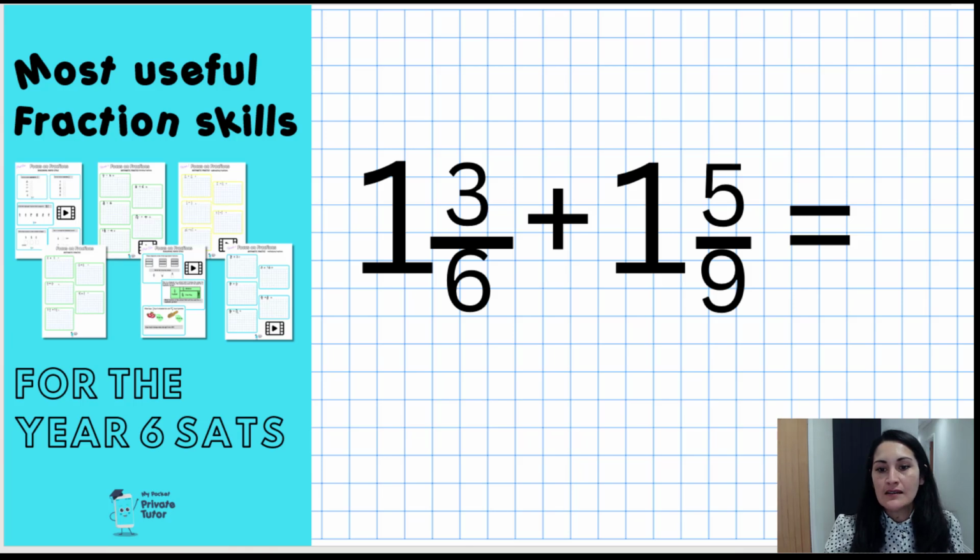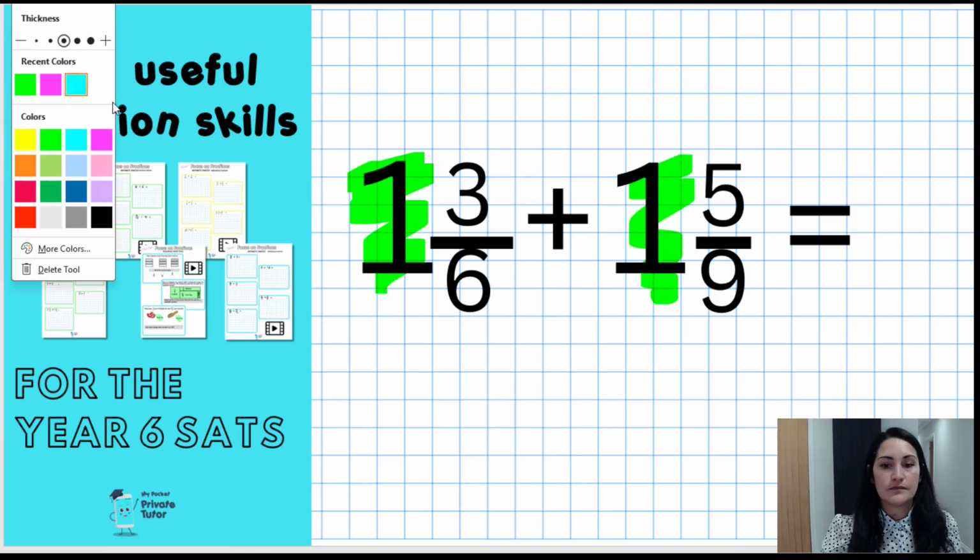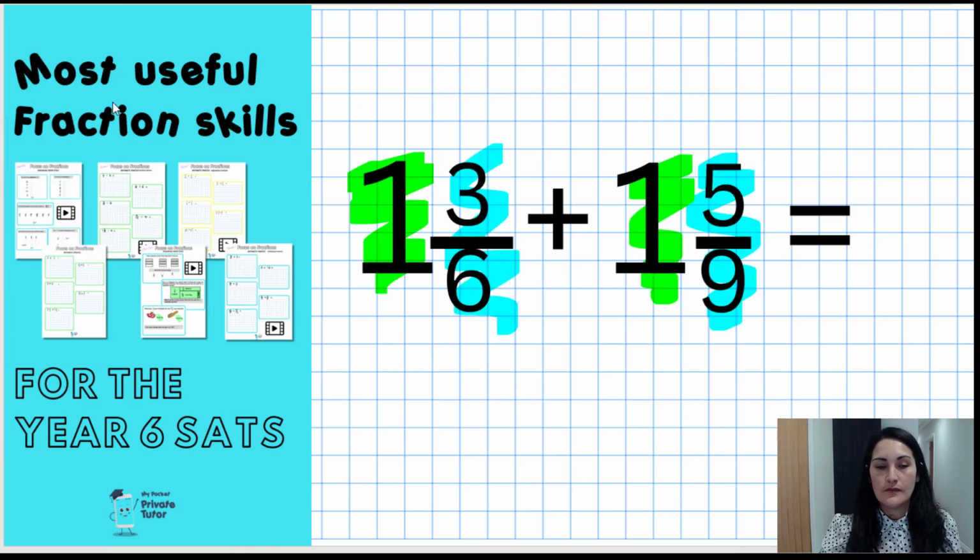So we can certainly separate our whole numbers and our fractions. So we know 1 plus 1 equals 2, and we need to remember to add that back in first of all, and we can do our 3/6 plus our 5/9 separately.